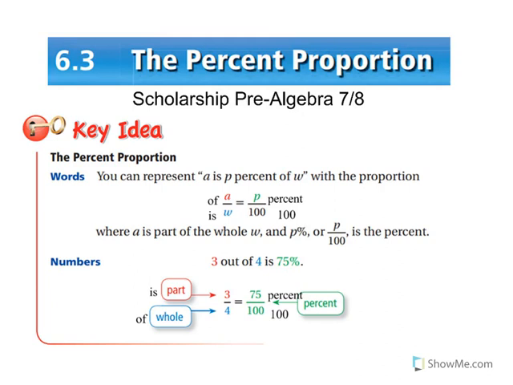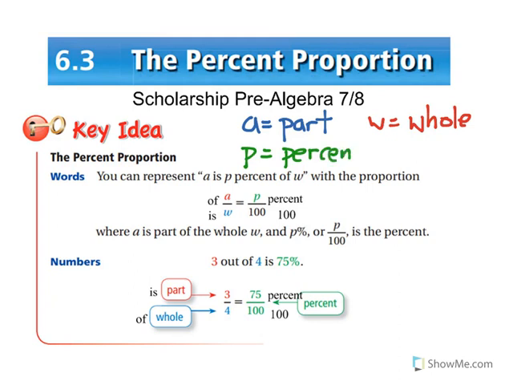And you want to understand that A would represent part, and W equals whole, and P equals percent, and then the 100 always stays as 100. That way when we write a number over 100, it's that number per cent, per 100.